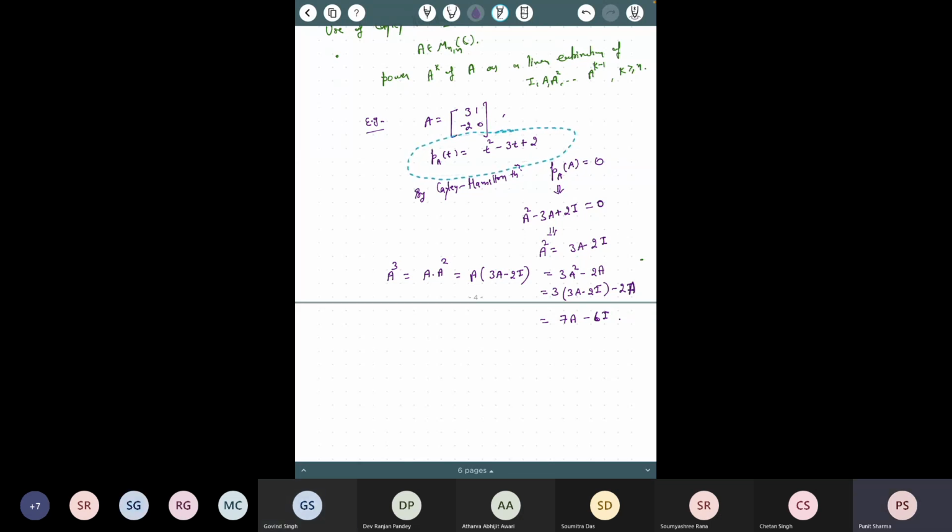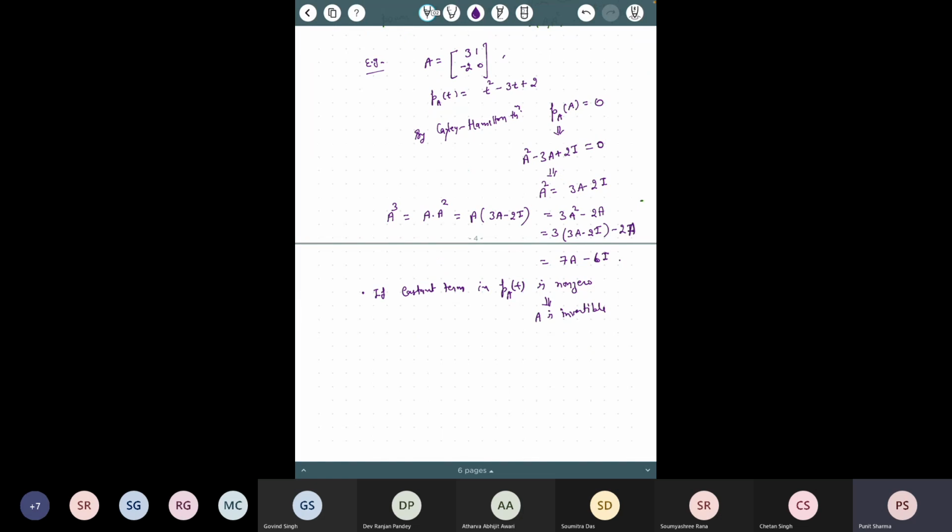If the constant term in the characteristic polynomial is non-zero, then A is invertible, because 0 is not an eigenvalue. Once we have a characteristic polynomial, we can tell immediately whether it is invertible by looking at the constant term. For example, in this matrix, the constant term is non-zero, so this matrix is invertible.